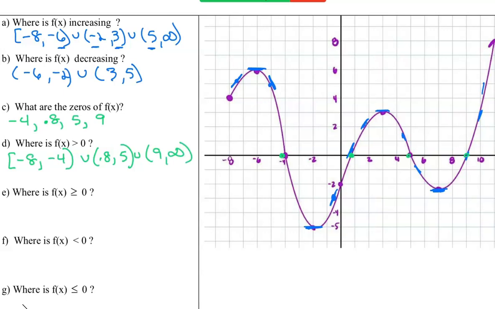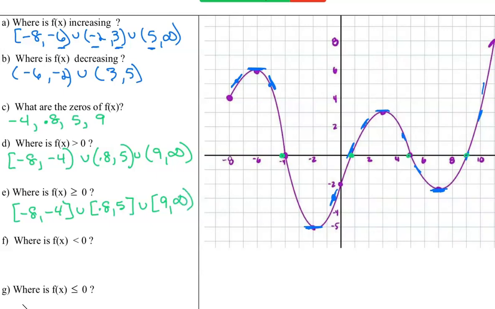When you do greater than or equal to 0, you get to include your roots now. This one was a bracket. Everything else is going to become a bracket, because now you're allowed to equal 0. You don't ever make infinity brackets, so now we're good.